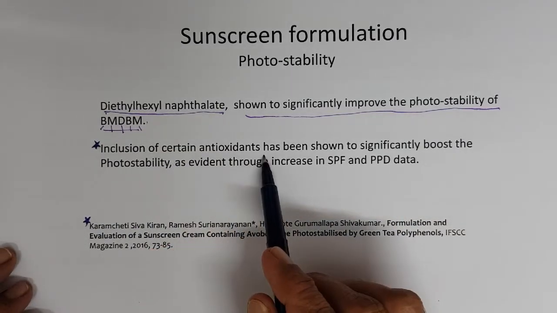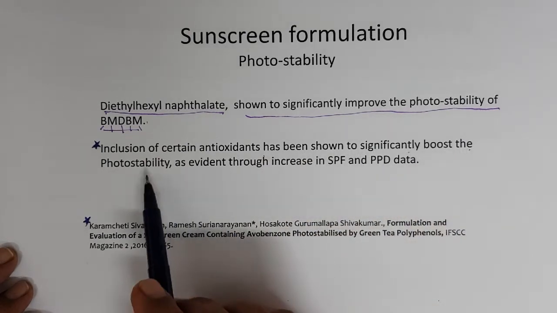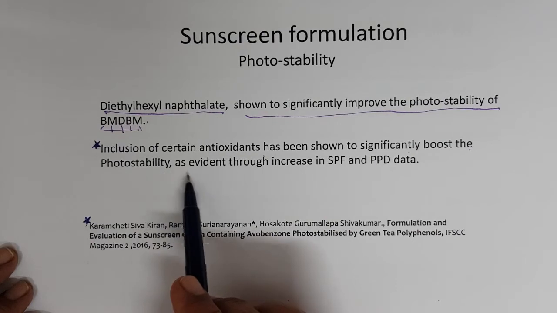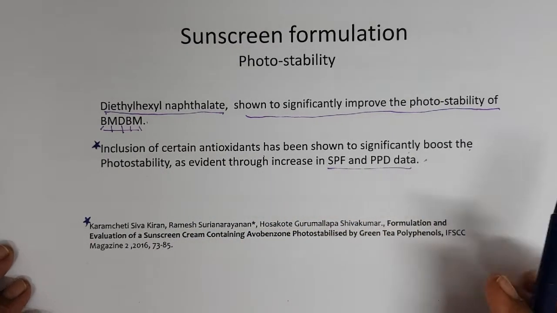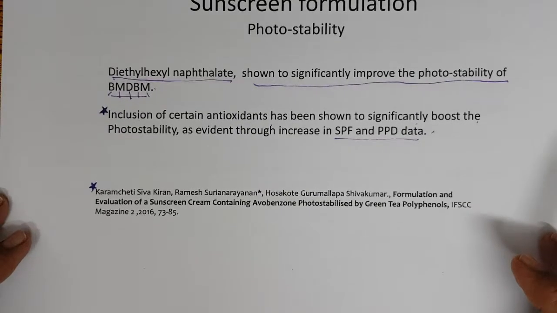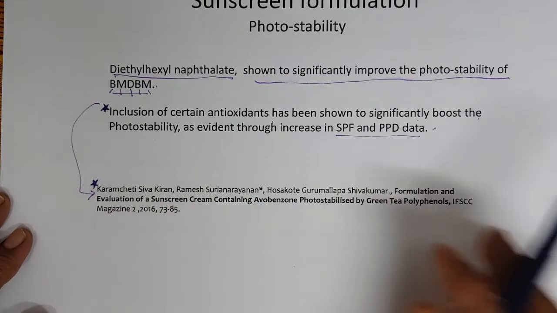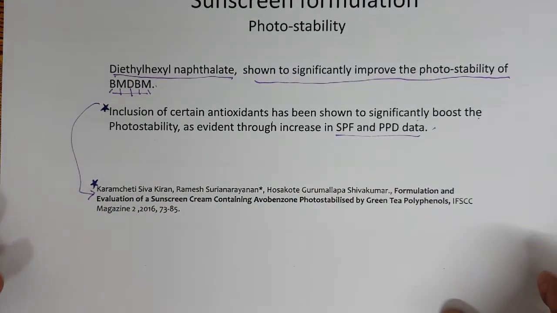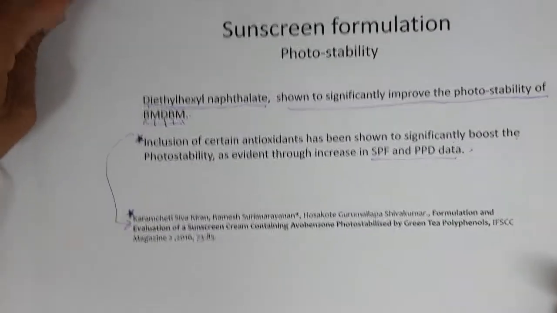Inclusion of certain antioxidants has been shown to significantly boost the photostability as evident through increase in SPF and PPD data. So, this is the paper, right? This is the paper. You can see about this aspect if you want to learn more.